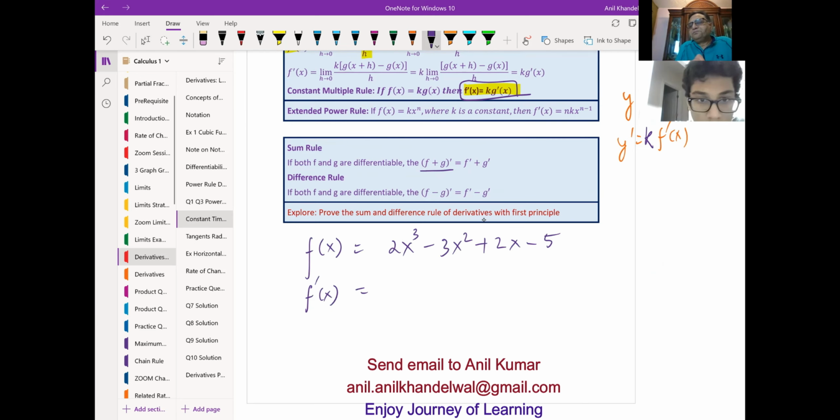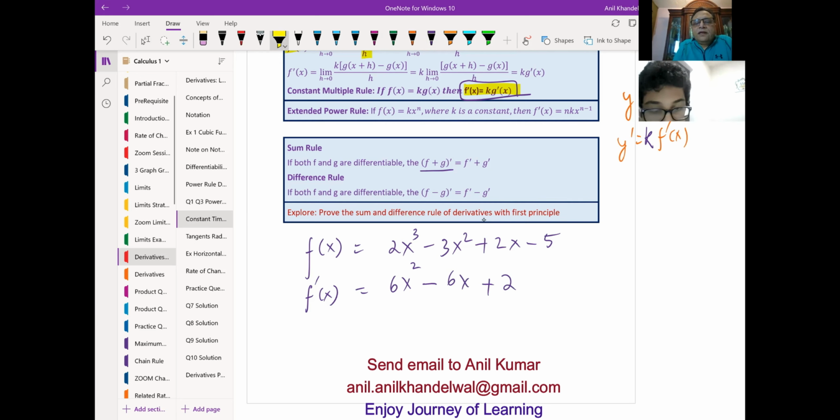Using the power rule, it will be 6x squared minus 6x plus 2, and the derivative of the constant is 0. So what we have done here is found the derivative of the first term, subtracted the derivative of the second term, added the third, and the fourth term gave 0. So you can add and subtract the derivatives. This is what we mean by using the sum rule and the difference rule, correct?